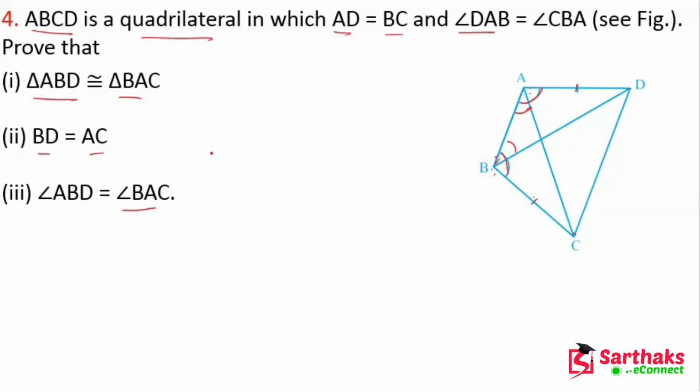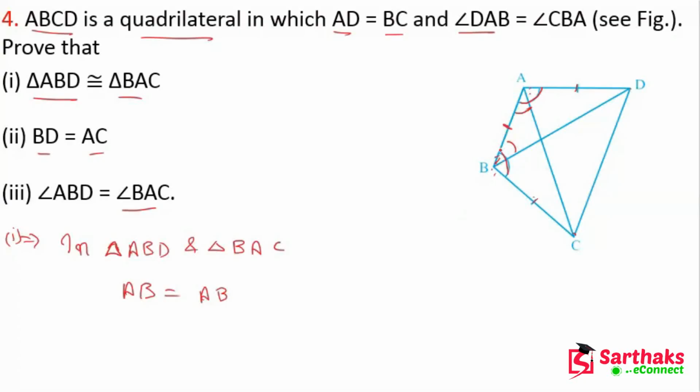So first of all, my dear friends, let's suppose in triangle ABD and triangle BAC. Now we are solving the first case. AB is equal to AB, this side is common.